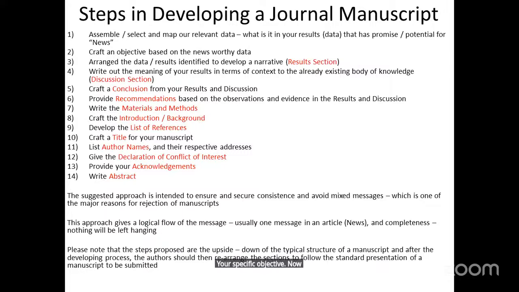Now, it is important to understand this, because once you fail to craft an objective that describes the selected data, then the write-up will be wrong, because the entire write-up must be pointing to that objective. And you'll also notice that in theses and reports, there is a very strong focus on objectives. It's actually a section. Now, in papers, it's not.